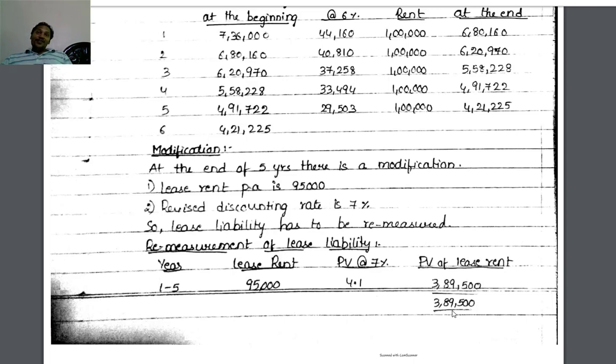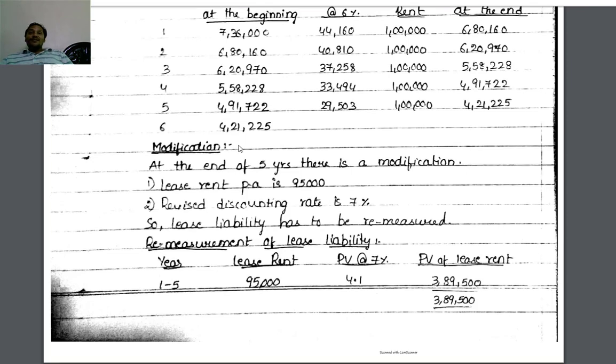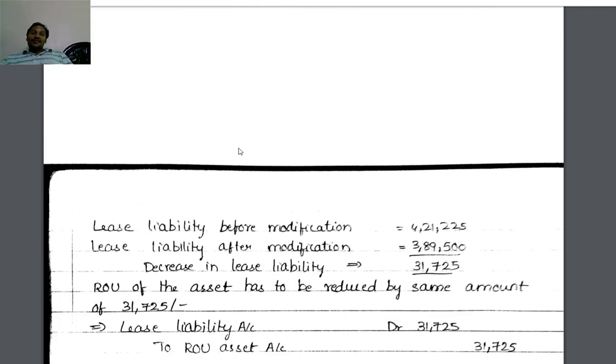Whereas the balance of lease liability is 4,21,225. Now there is a decrease in lease liability. So what is the decrease? We have to find. Lease liability before modification 4,21,225. Lease liability after modification 3,89,500. Then the difference 31,725, decrease in lease liability.